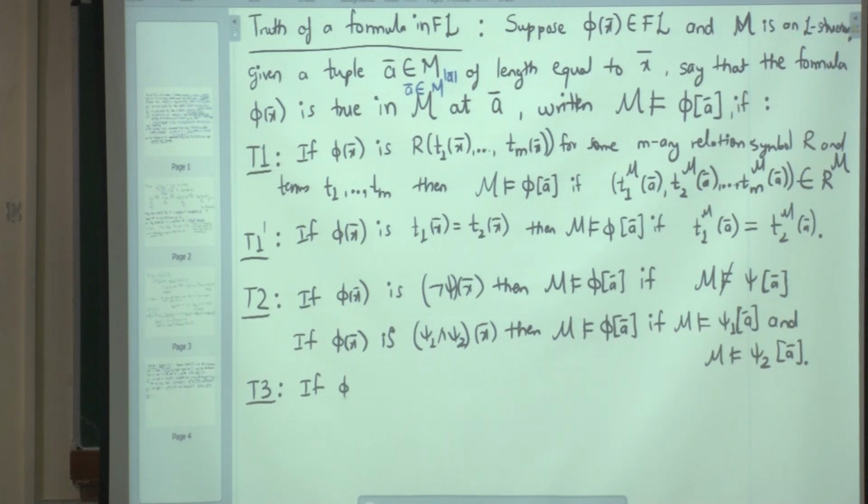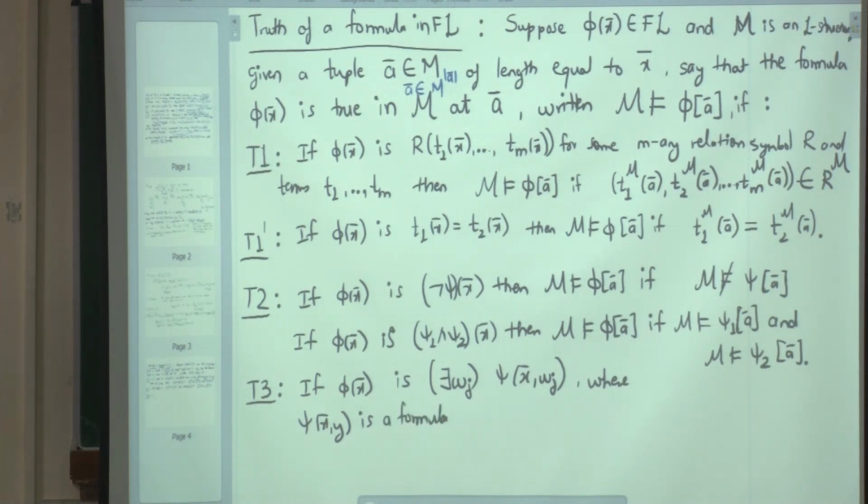If phi x bar is, now I am going to use a slightly different notation, so please pay attention. If phi x bar is there exists a Wj of psi x bar Wj, where psi x bar y is a formula.